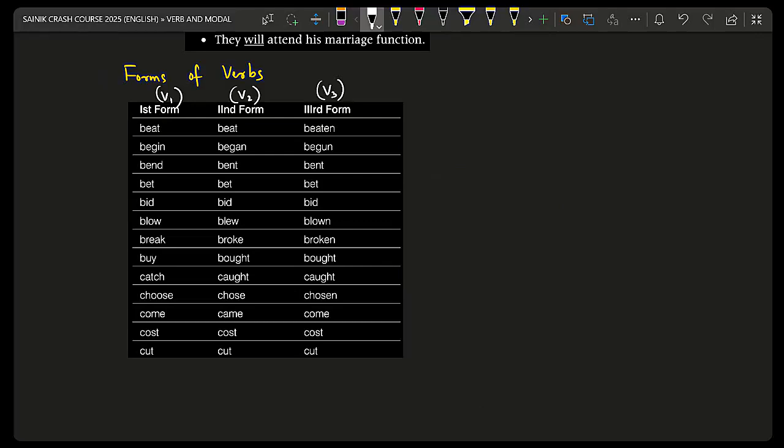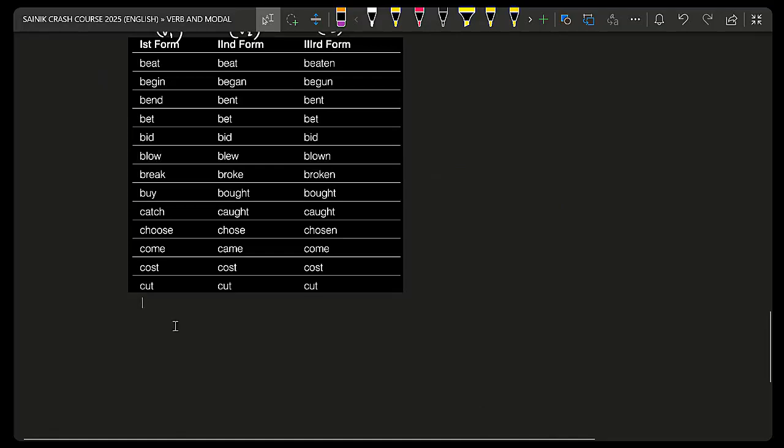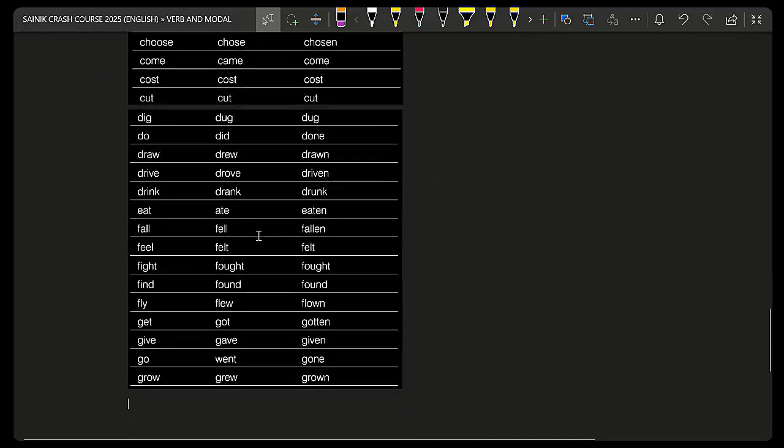Few more examples. Next, V1, V2, V3. Dig, dug, dug. Do, did, done. Draw, drew, drawn.